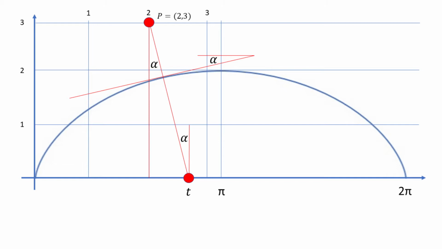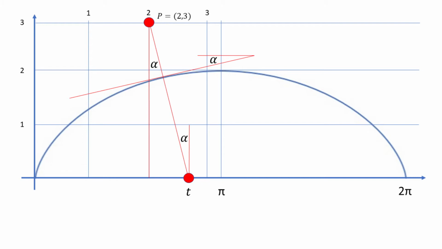We're not exactly sure, but it's very close. Point PT is perpendicular, therefore if I drop a line straight down along the y-axis intersecting at x, I will also have my angle alpha. So from geometry, we know that these angles are identical.